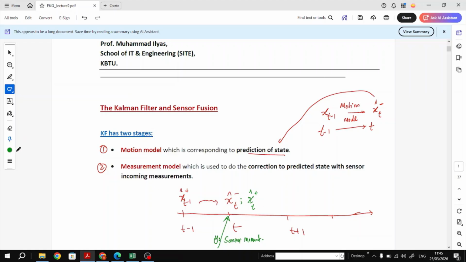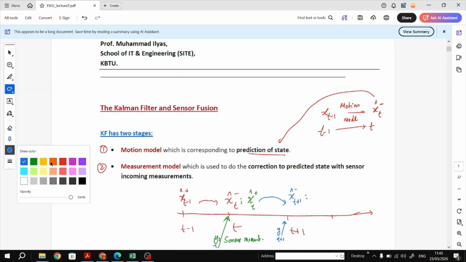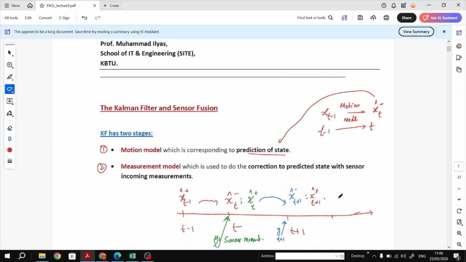Next, the same process goes on: you have this state at time t, you use the motion model to predict it at time t plus 1, and once you get the sensor measurement at time t plus 1, you update your state at time t plus 1 using the sensor measurements. So this process goes on.